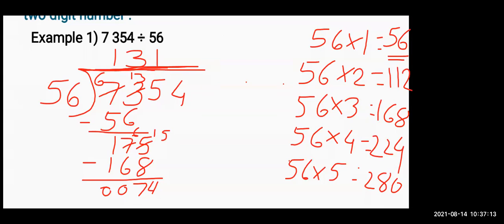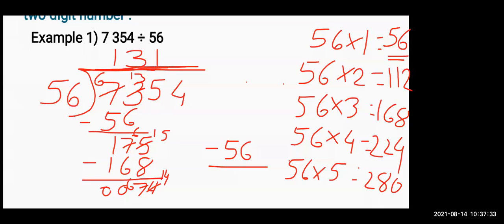See, I'll write over here. There is no space, that's why. 56. Chalo. Now 7 minus 4. 4 minus 6, it is not going, so it becomes 14, and here 7 will become 6.